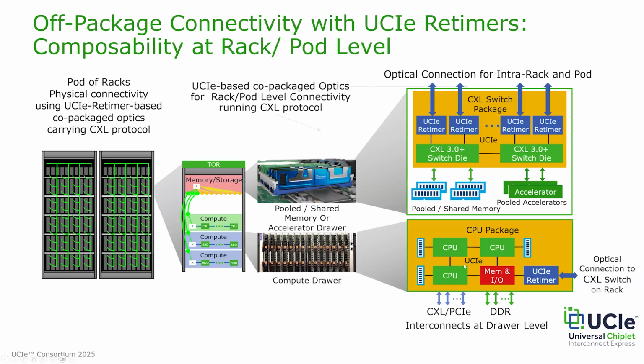With this, you can realize the vision that you have a set of compute, a set of memory, a set of network acceleration, and you can compose the system dynamically, right? And that's basically what UCIe enables us to do.